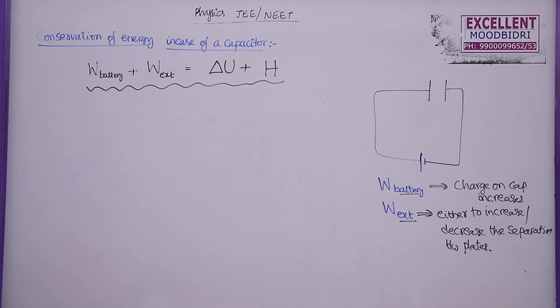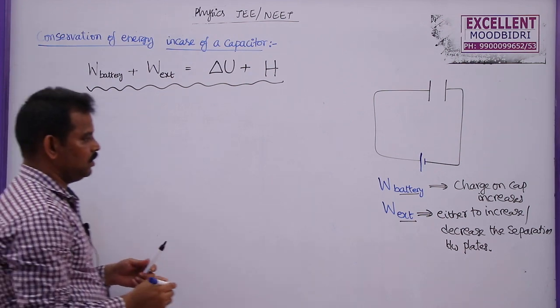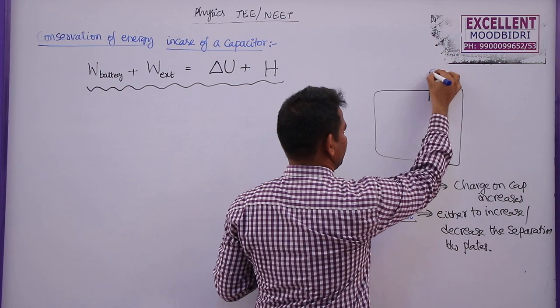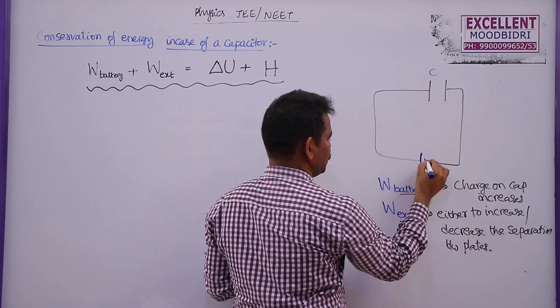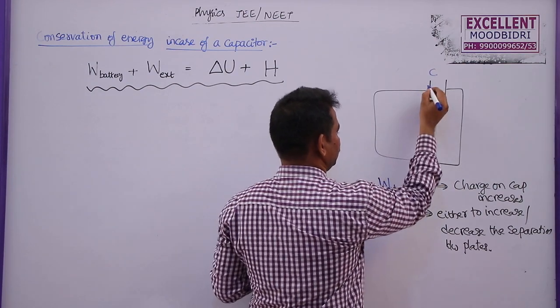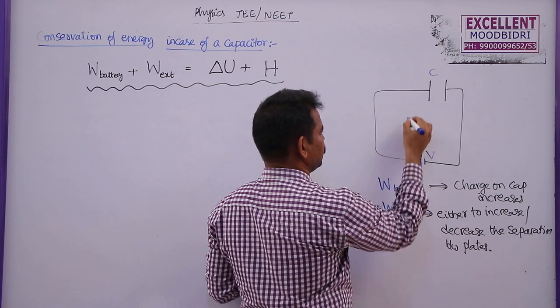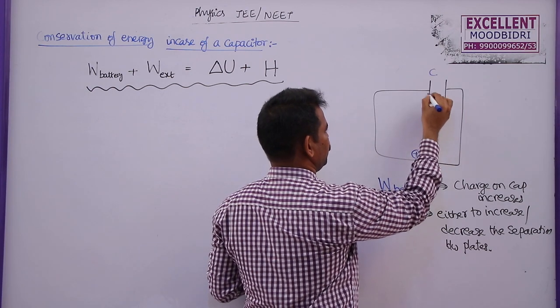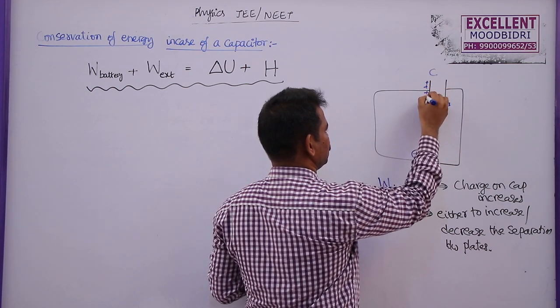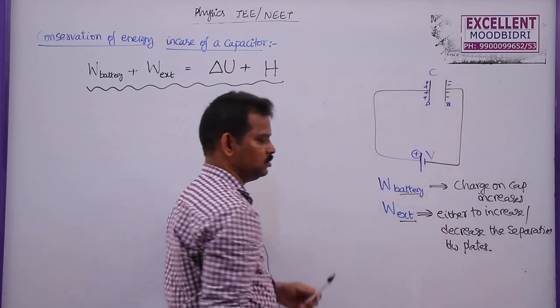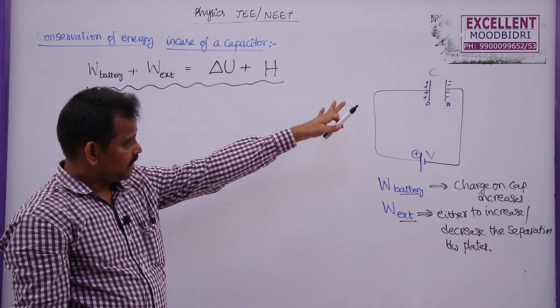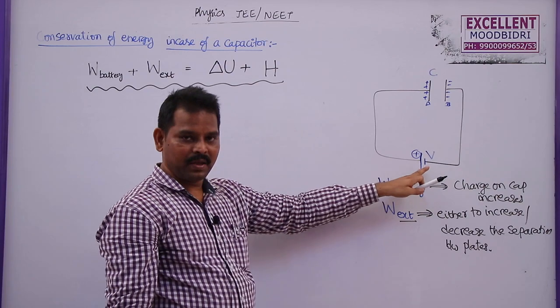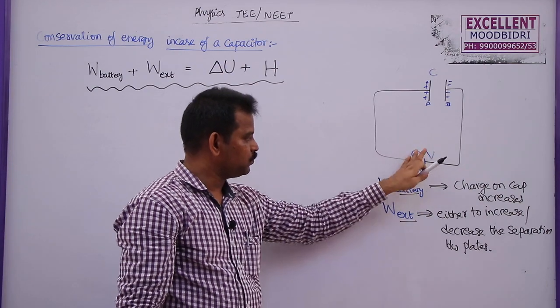Now let me use one simple problem here. Let us say this is a capacitor C, and it is connected to a battery of potential V, with the positive terminal connected to plate A and the other to plate B. So this will get a positive charge and this will get a negative charge. Now the same capacitor is connected to the same battery but with reverse polarity.